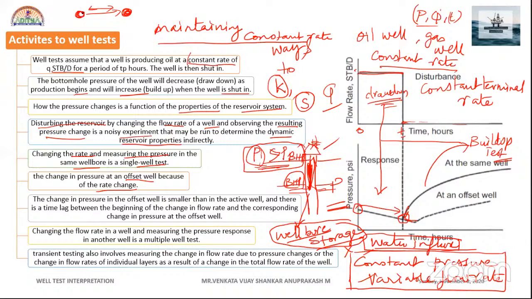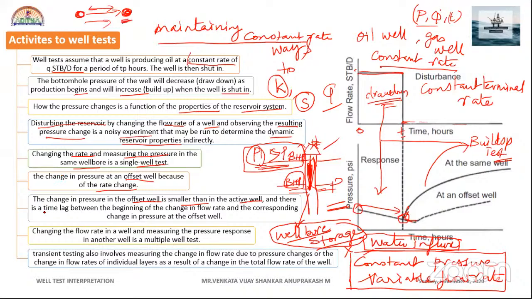So changing the rate at this well, we are observing what is the change in pressure in the offset well. The change in pressure in the offset well is smaller than in the active well. Obviously, because the place where we are exactly doing our well test will have some influence if they are directly connected through your reservoir.